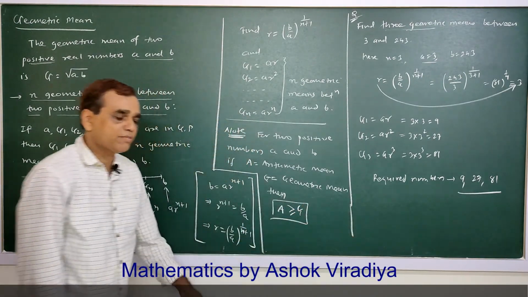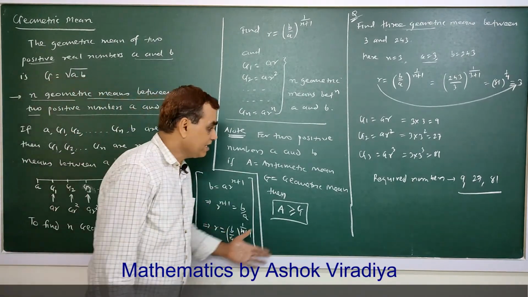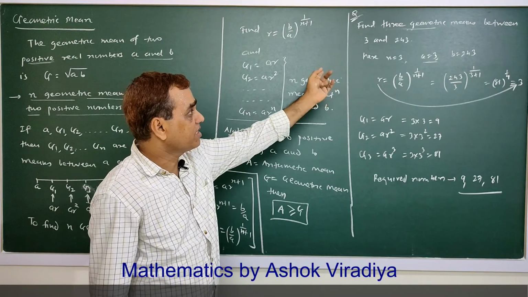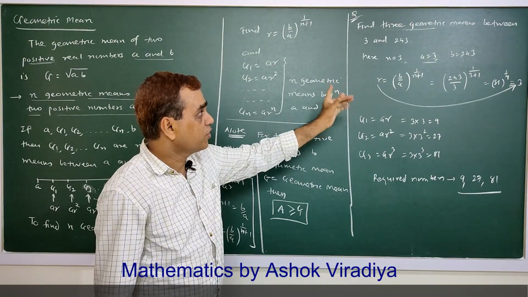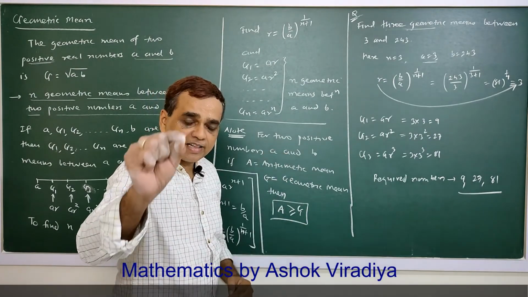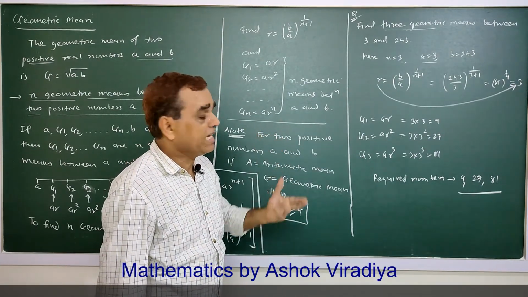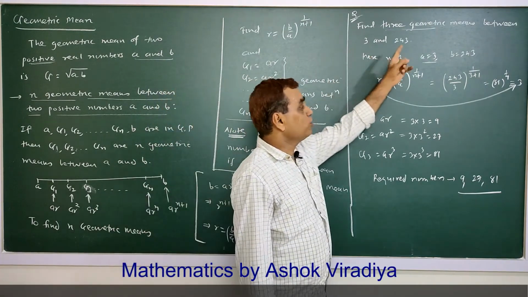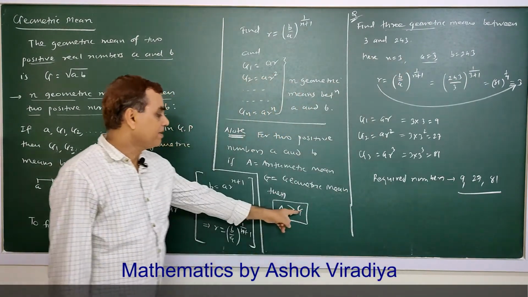If you find the arithmetic mean of these numbers, 243 plus 3 divided by 2, it will be 123. It is always greater than the geometric mean, that is square root of 3 into 243. So remember this result also.